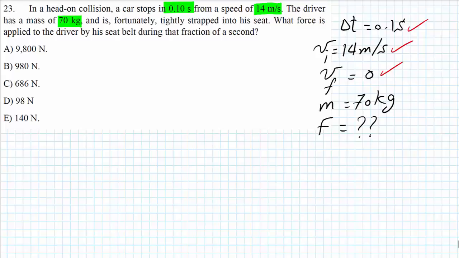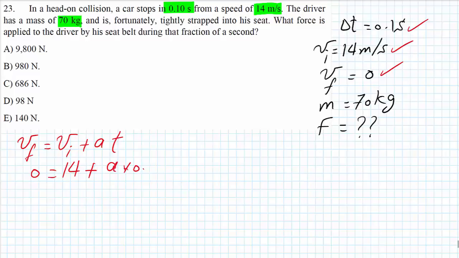I have the initial velocity, the final velocity, the time, so V final equals V initial plus AT. V final is 0, initial velocity is 14. Acceleration we don't know. The time is 0.1 second. So the acceleration is negative 14 over 0.1 gives you negative 140 meter per second square.